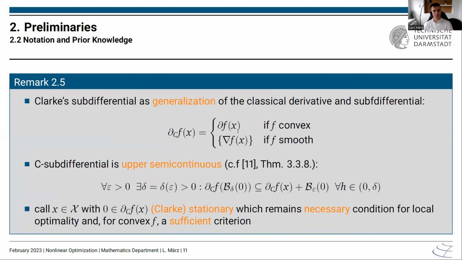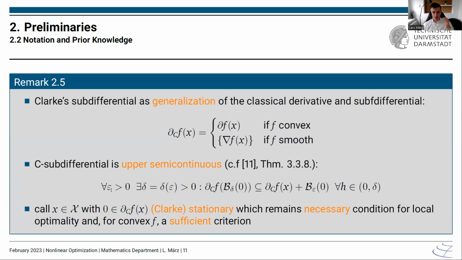It also has this nice property, which is really very close to the notion of continuity in the real case with this epsilon-delta criterion. But here we are dealing with a set-valued map. So here we have a very similar inequality, but now it's an inclusion, and it just states that if you don't modify the input too much, the output still doesn't change significantly.